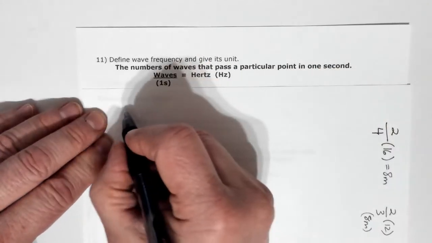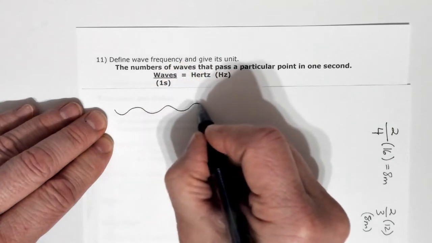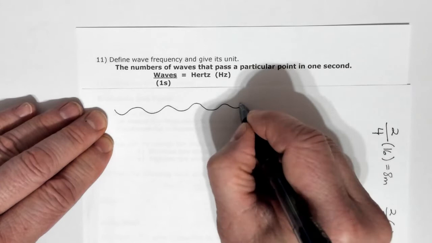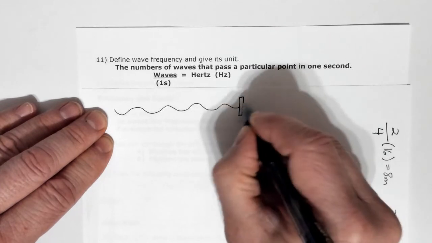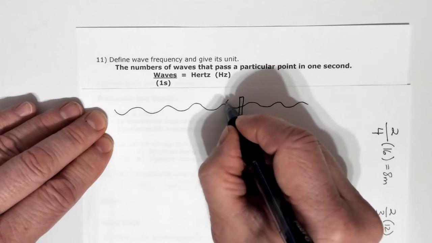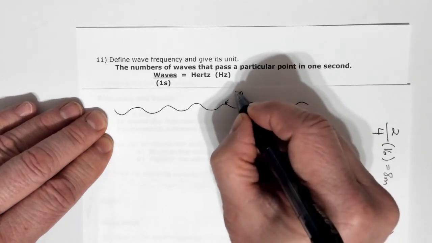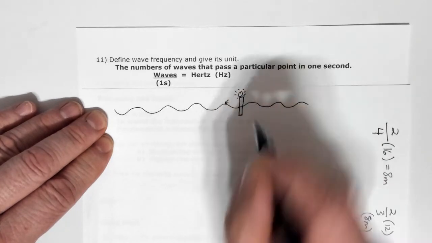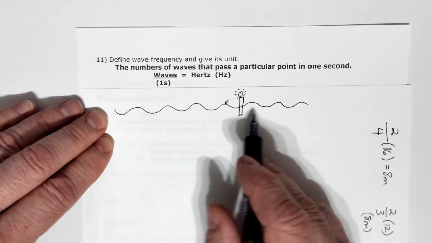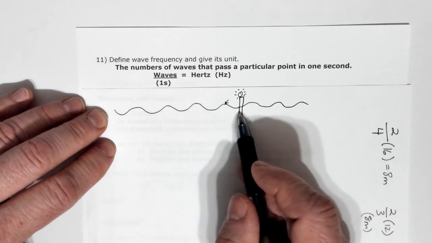Okay, so let's make a wave train. Here's my wave train, and how fast it's moving. Let's say right here is a little thing, and this wave is passing through, and every time this peak passes through, this little light right here goes off. Let's say that the light goes off every 2 seconds.